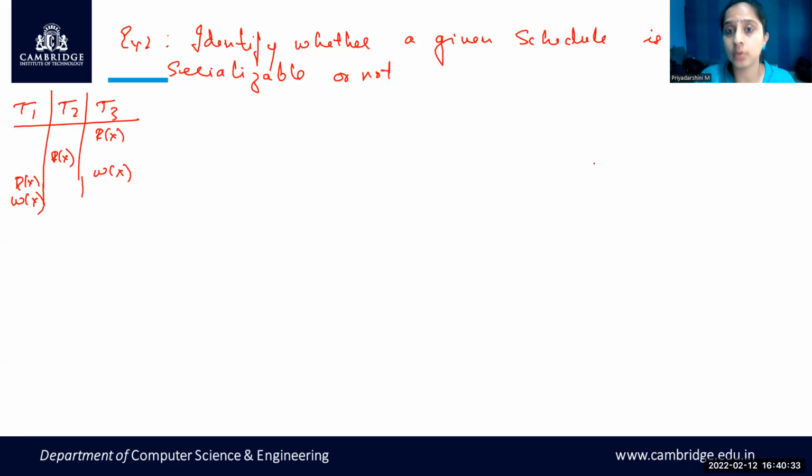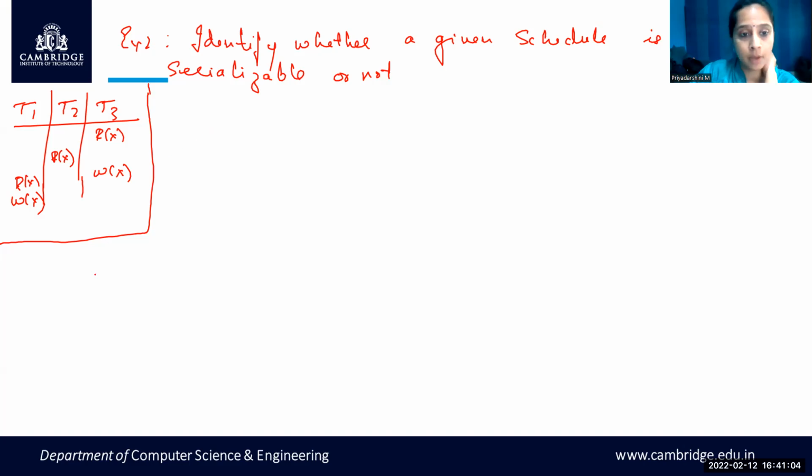Identify whether a given schedule is conflict serializable or not. Conflict serializable or not is nothing but whether you have a conflict or not. Fine.